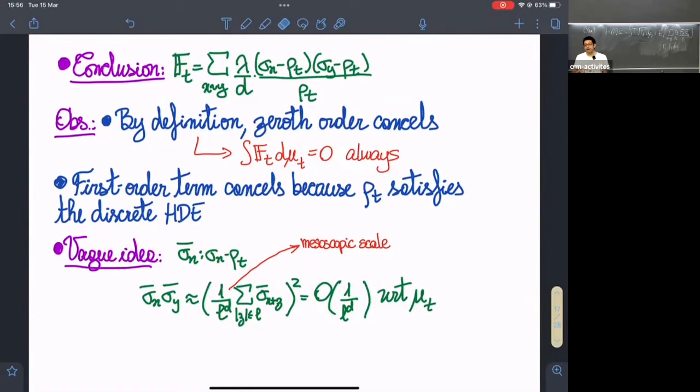We can prove a soft version of that fact. For example, in dimension 1, what we can prove is that if you average over any slowly increasing region, then correlations vanish. You take a region of size log n, another region of size log n, you take the averages there, and you look at the correlations.